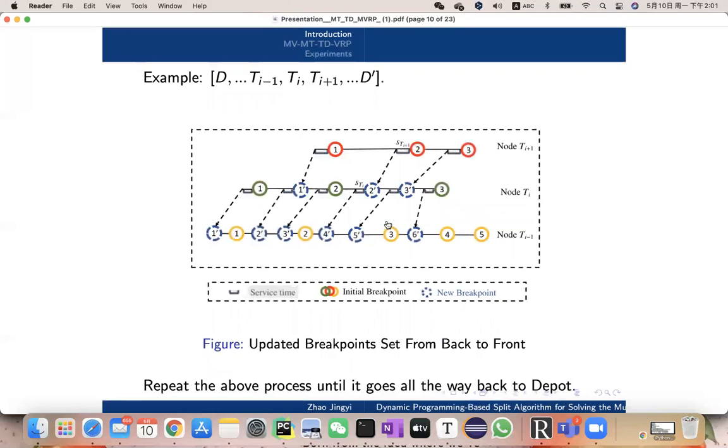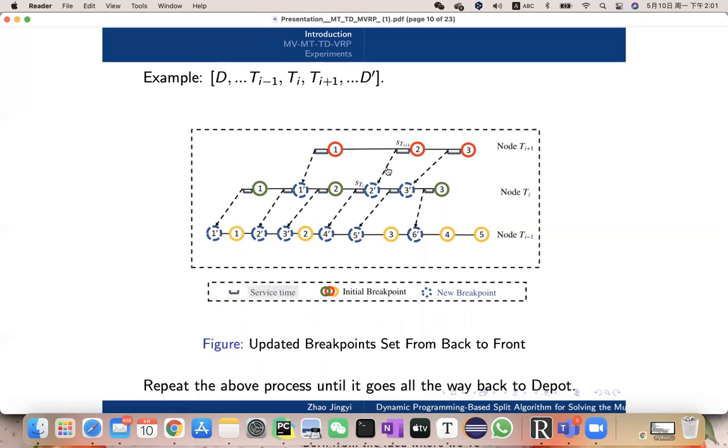First, we can use a backward process from the last two nodes, updating until the first node, the depot. As this figure shows, the backward propagation process goes from T_i+1 to T_i.